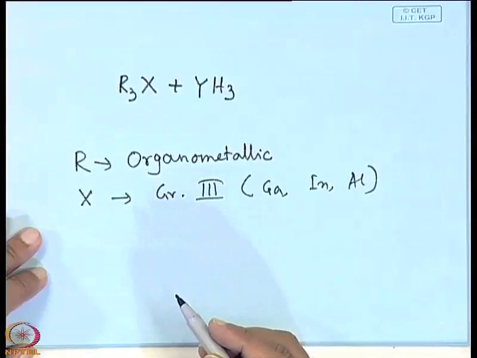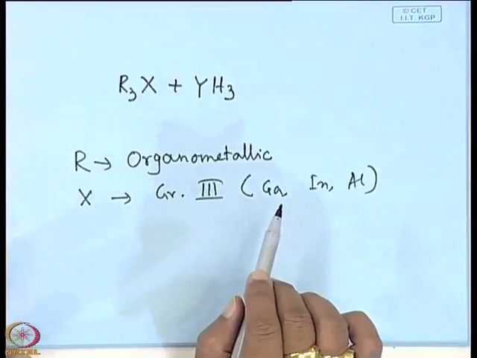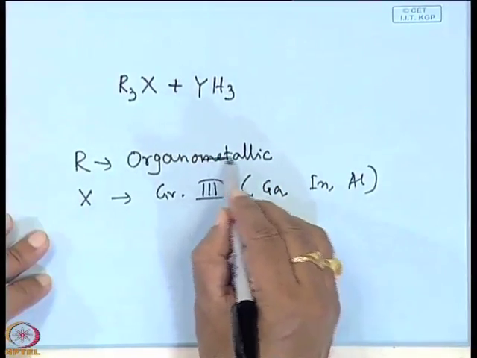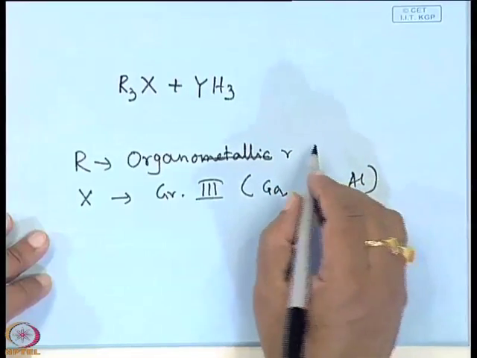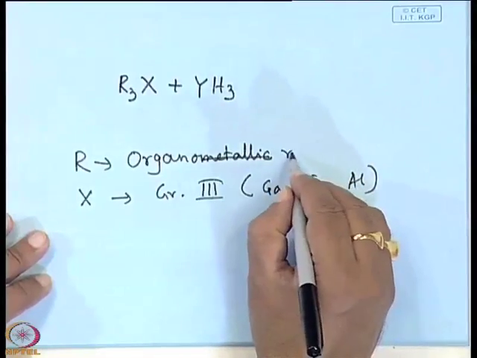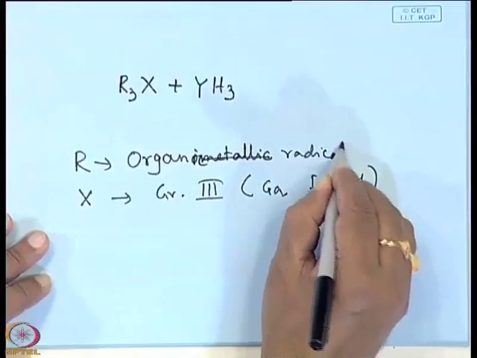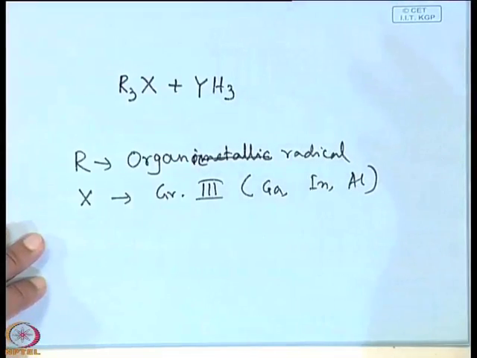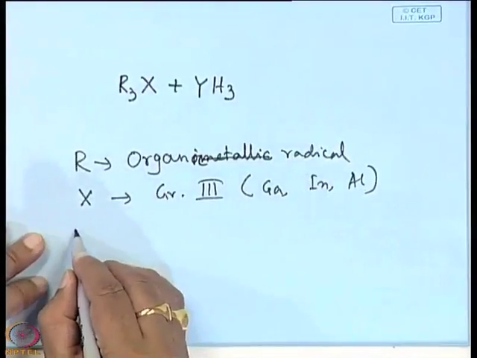Or actually R is an organic radical basically. R3X is organometallic. So, you can say it is known as an organic radical: methyl, ethyl, butyl. So, these are the organic radicals. So, R3X is the organometallic, and what is Y?